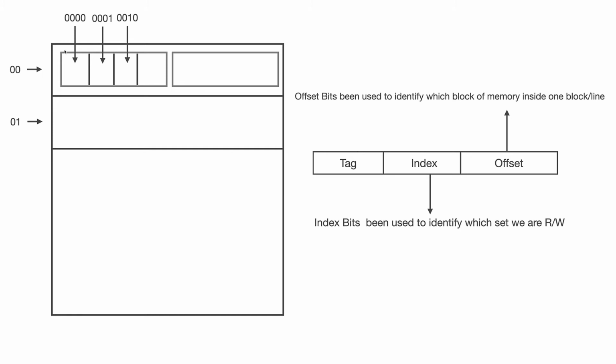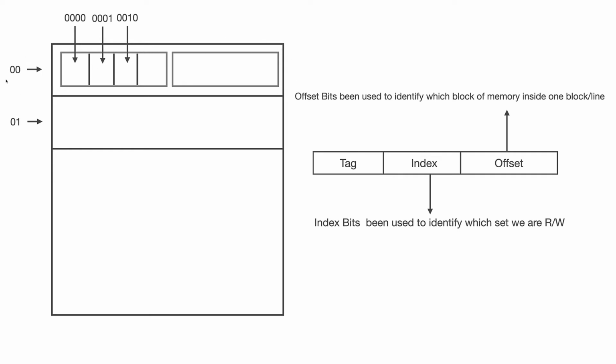Imagine we have a big city, and that city is separated into several areas. For example, the Greater Vancouver area: we have Vancouver, we have Richmond, we have other places. So basically, there is an identifier for each set, for each block of space in a cache.